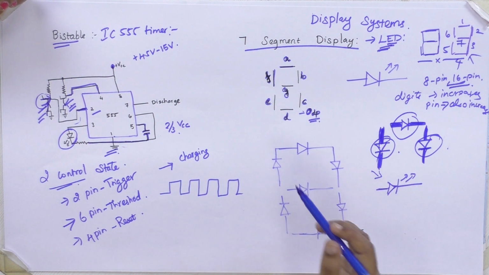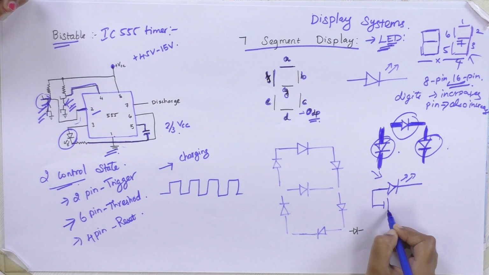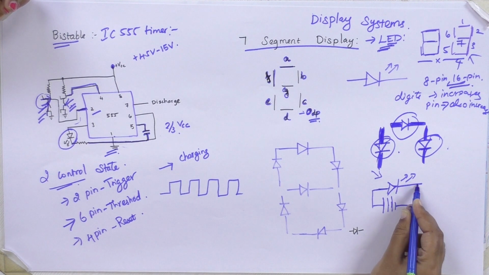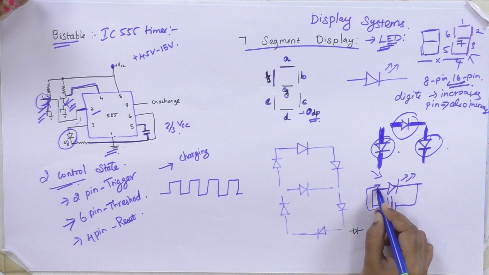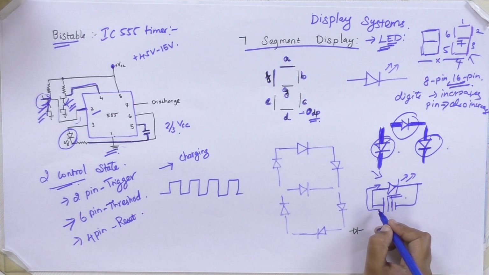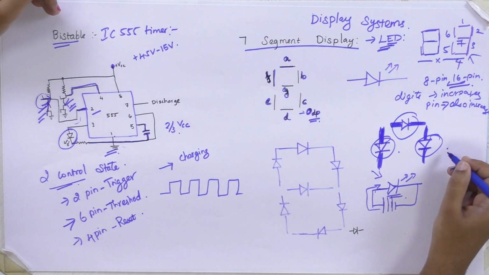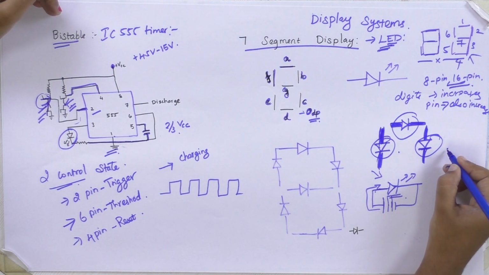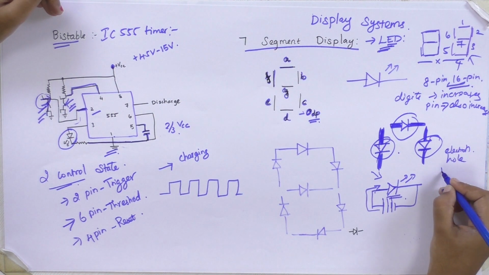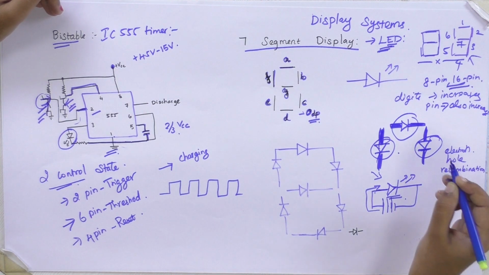But in the 7 segment display, when you supply a certain amount of voltage, it operates the same as a PN junction diode. When you supply a voltage here, electron hole recombination takes place in the PN junction diode.